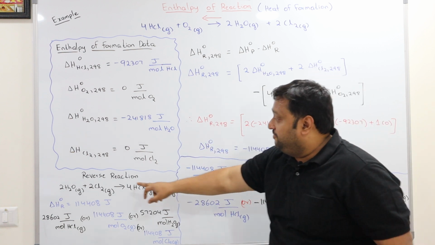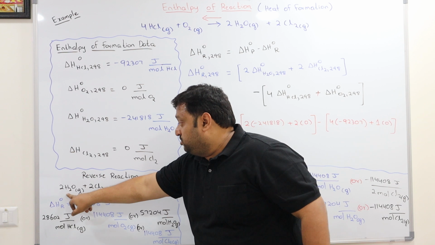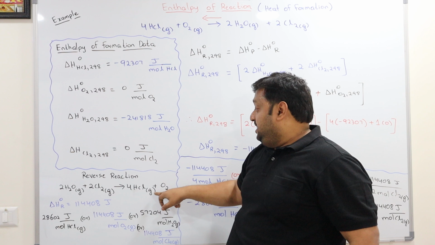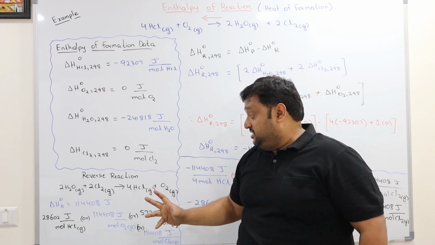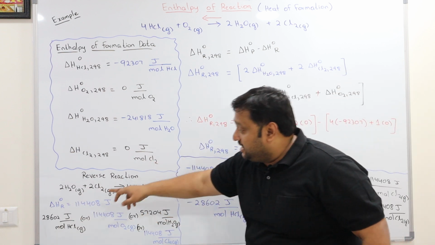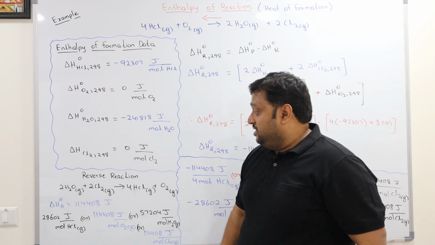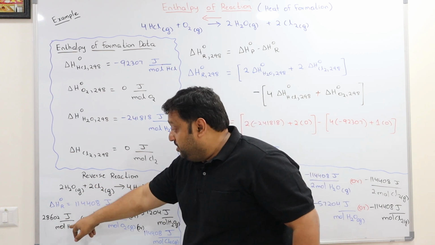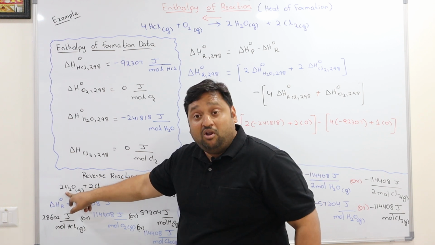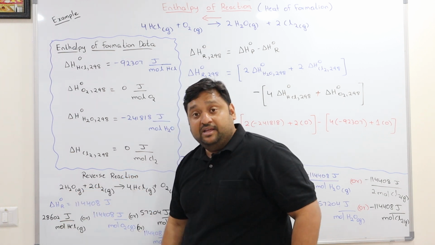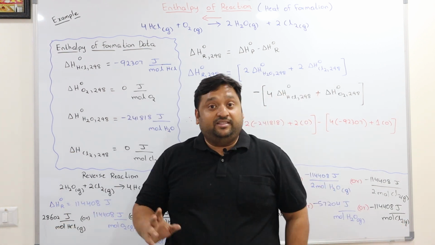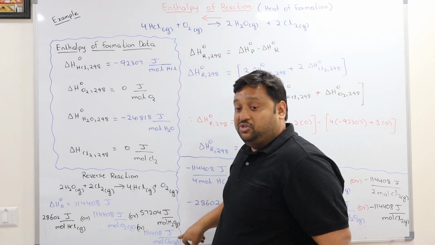So if 2 moles of water and 2 moles of chlorine react to form 4 moles of HCl and 1 mole of oxygen, the minus sign will become plus. Here it was minus, here it will be plus. That means an endothermic reaction. Per mole of water reacting, this much energy is required. Now everything will be positive, because in the forward reaction everything is negative, and in the reverse reaction everything will be positive.